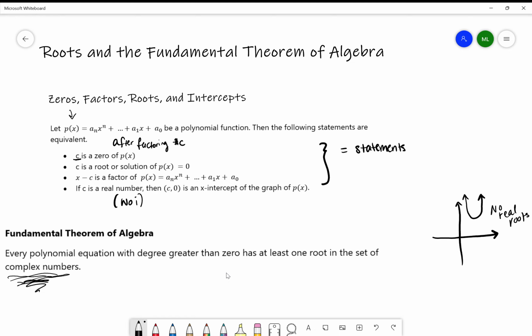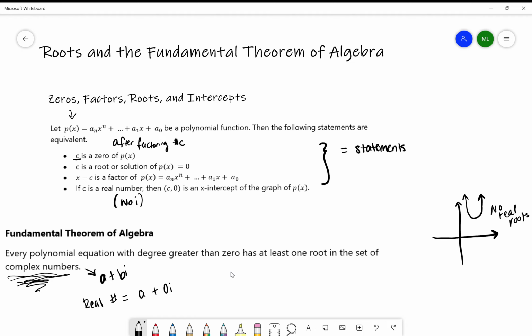Now remember, a real number can take on the form of a complex number. A complex number takes on the form a plus bi. So a real number can be in the form of a complex number, but what does b equal? b would have to be equal to 0. So a real number can be written as a plus 0i, and that is still in the set of complex numbers.